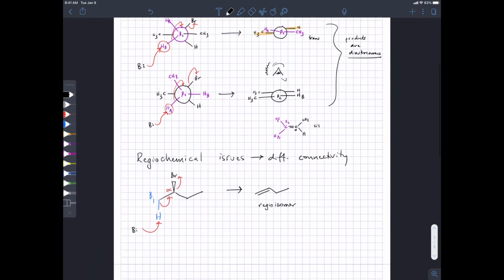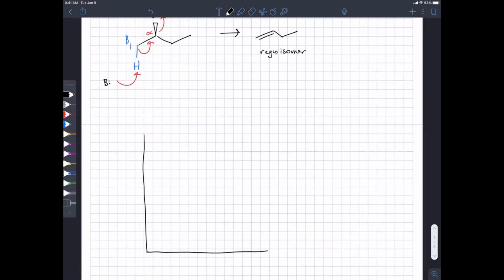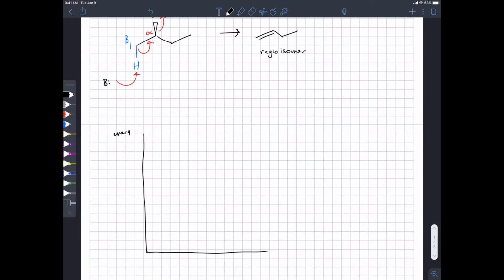So to do this, we have to know something about the E2 reaction. I'm going to draw just a single energy diagram for the E2 reaction and point out that in many cases E2 and or SN2 are irreversible.